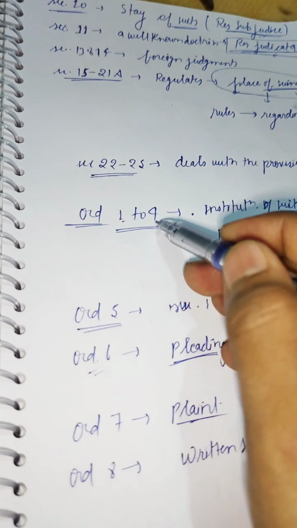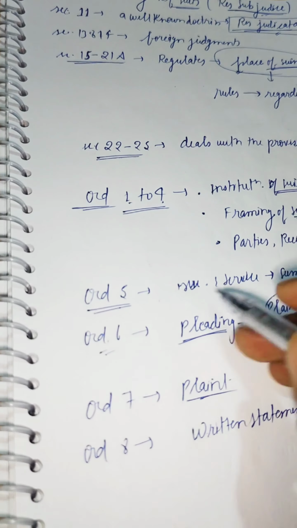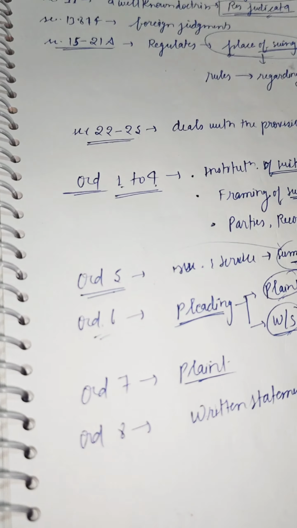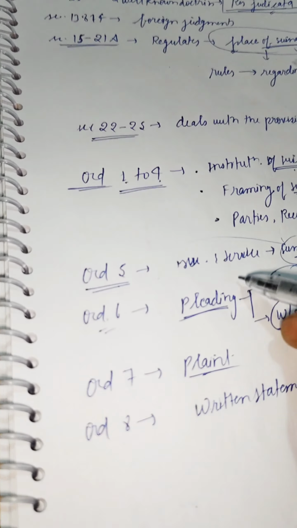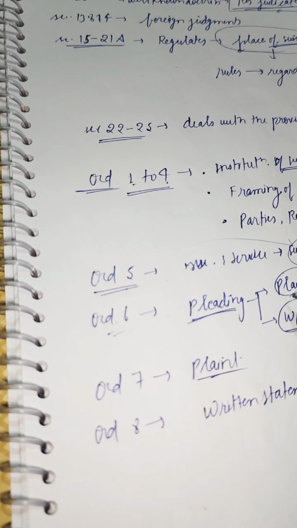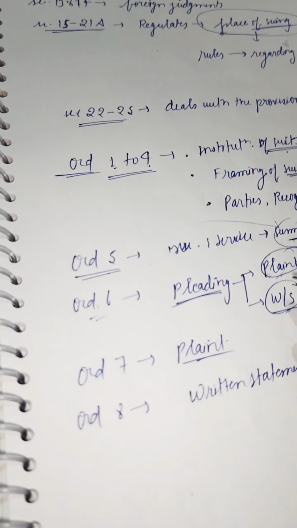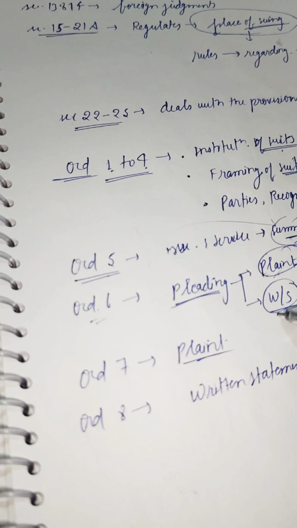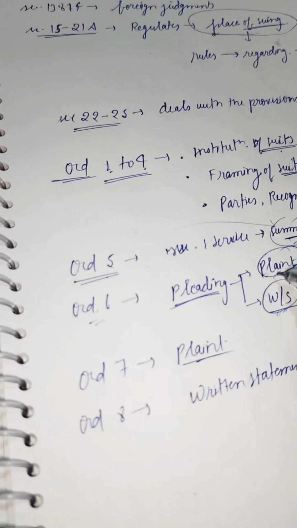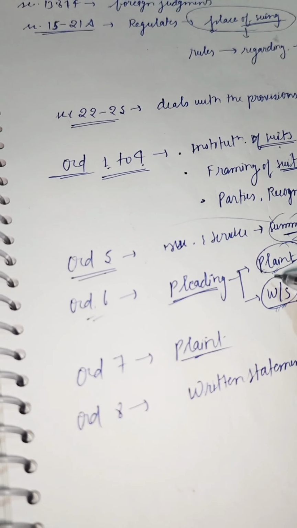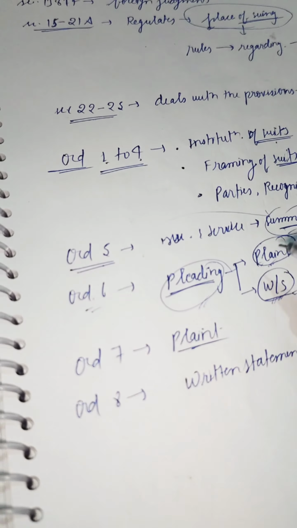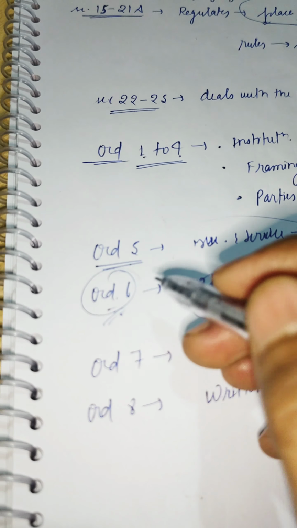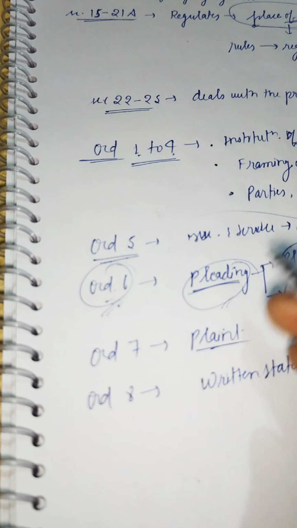Order 1 to 4, order 5 is regarding the summons to the person against whom the suits are instituted, and after that the plaints are filed, and then the other party or the defendant files the written statements, and the plaints and written statements together are called pleading. Okay, so we will discuss this in order 6.